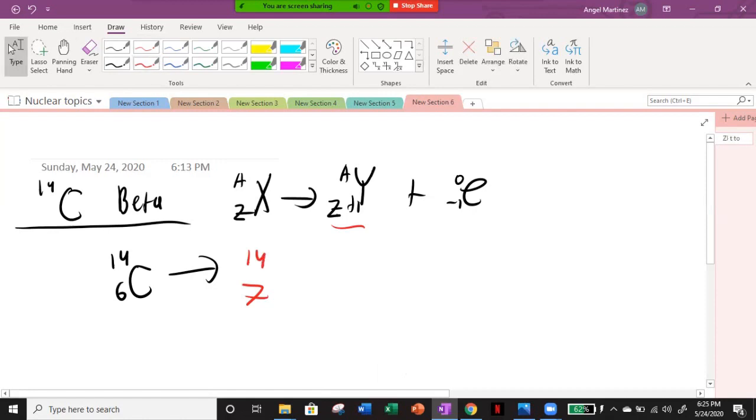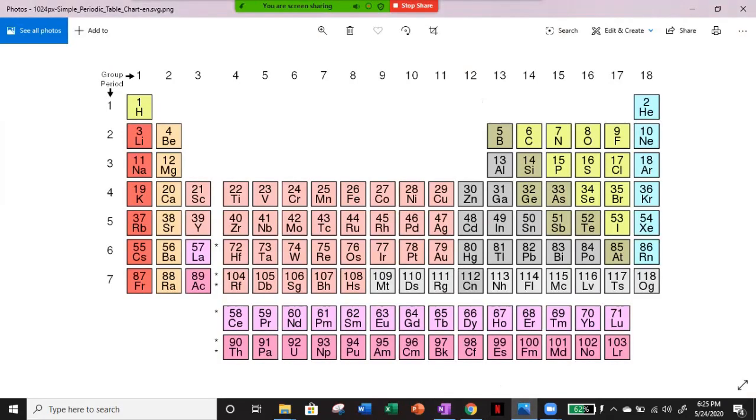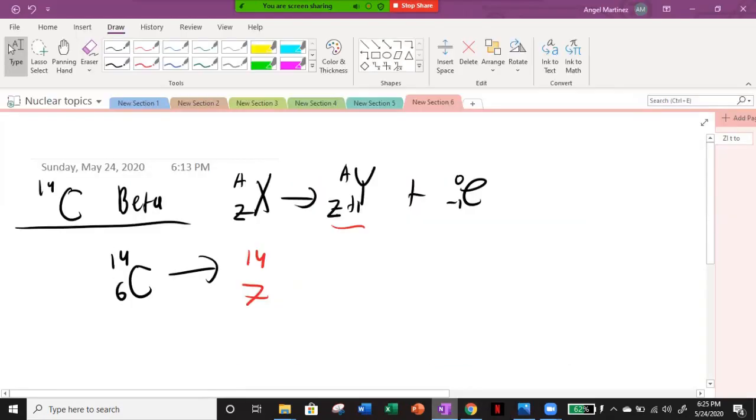And now that its atomic number is 7, it becomes a nitrogen atom. So we have an N plus the electron. So that's it. You just take the same atomic mass, add 1 to the atomic number, and find the new element.